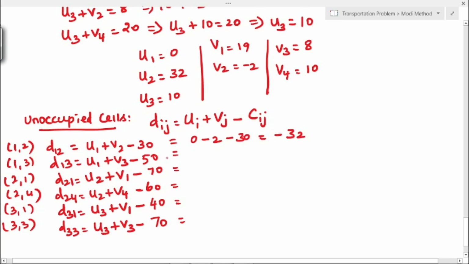Next, U1 0, V3 8 minus 50, so 8 minus 50 is minus 42. Next, U2 32 plus V1 19 minus 70, so 32 plus 19 minus 70, answer is minus 19.